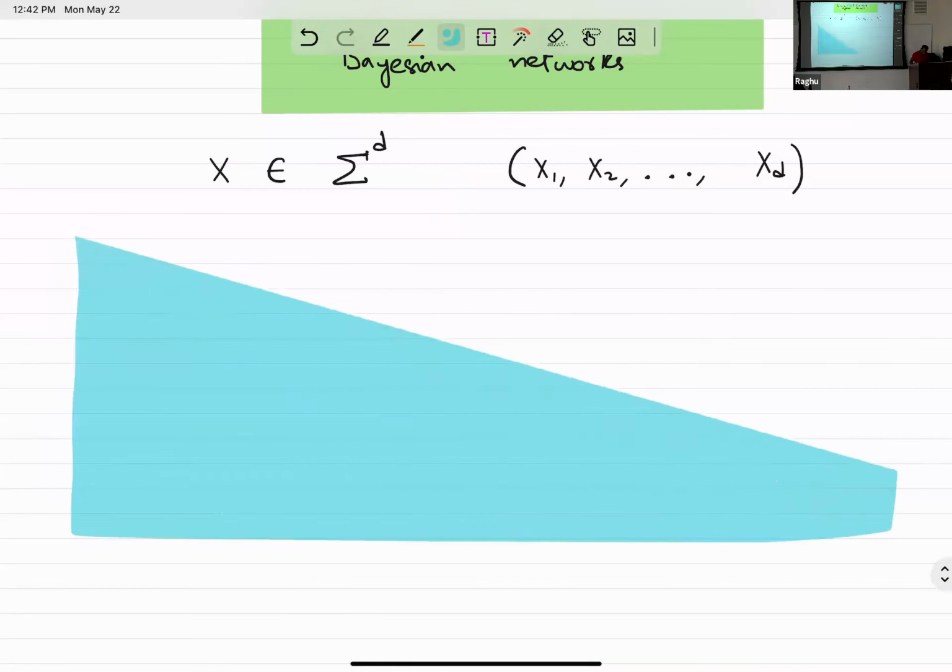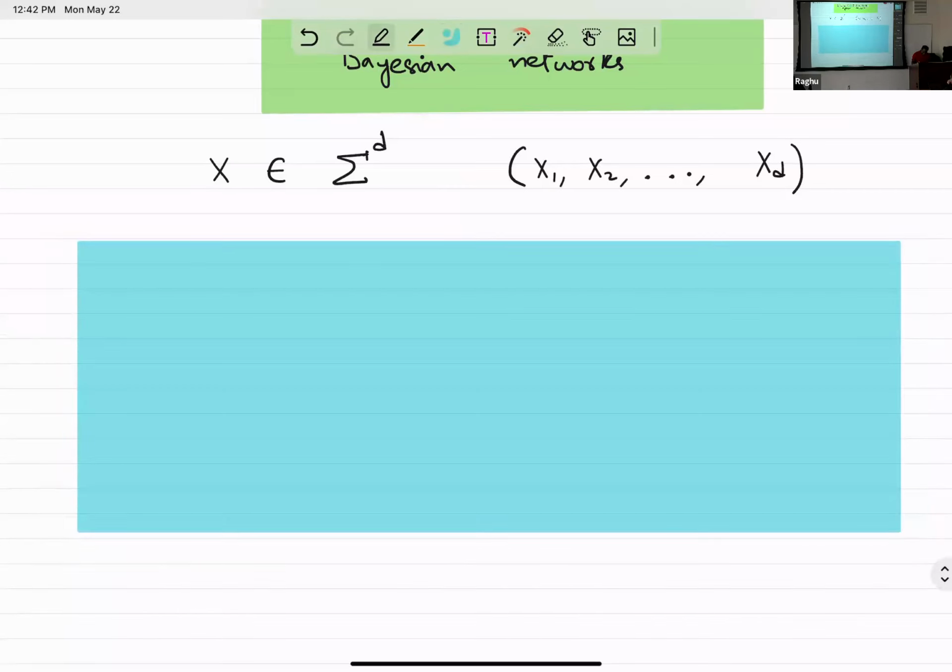Okay. So a Bayesian network is basically parameterized by a directed acyclic graph, or DAG, meaning a graph with directions on the edges, and there is no directed cycle. You can't go from 1 to 2, 2 to 3, and 3 back to 1.